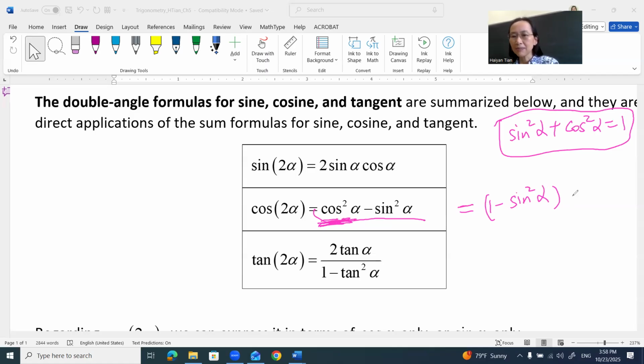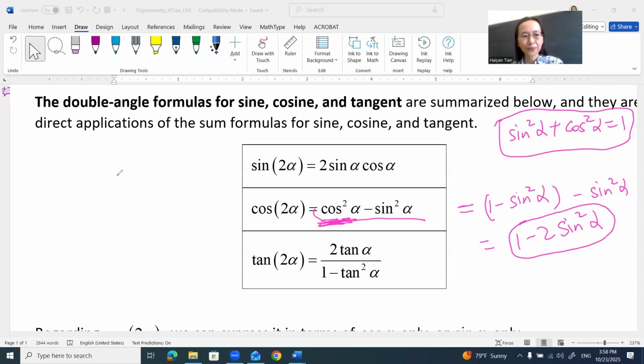Then in that case, we get 1 minus twice sine square alpha. The advantage of this version is that cosine 2 alpha can be written in terms of just the sine value of alpha: 1 minus 2 sine square alpha.